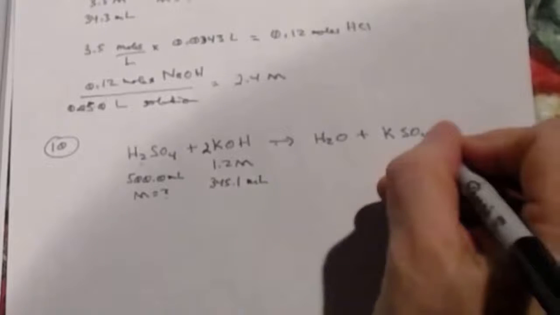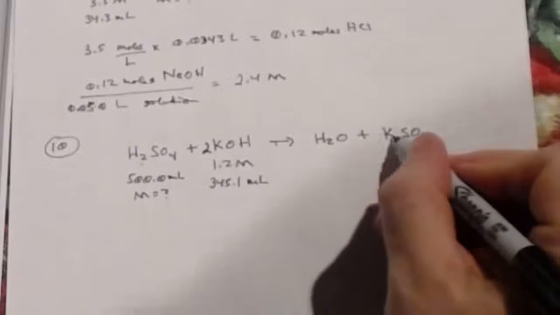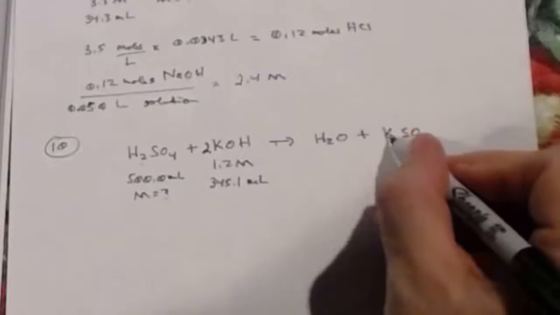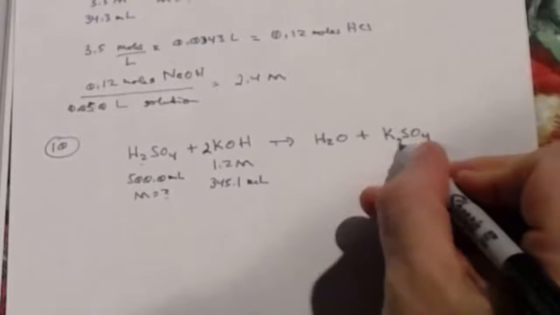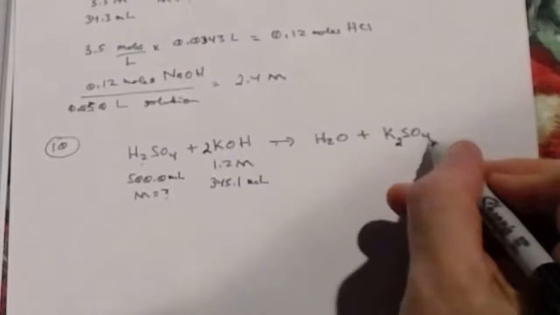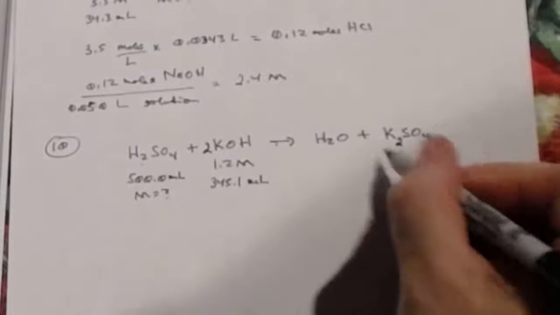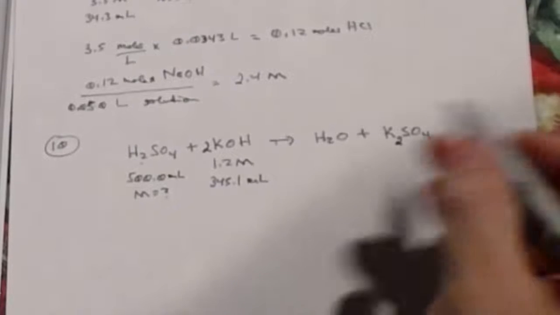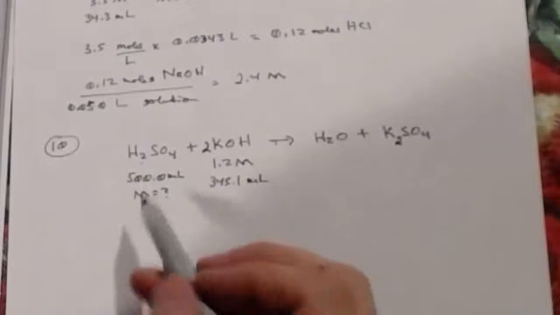This has a -2 charge, which means we need 2 positives to balance it off. Potassium is a column 1 metal, so we're going to need 2 of those to balance off the charge of the sulfate to make that a neutral molecule. So it's K2SO4, H2O.